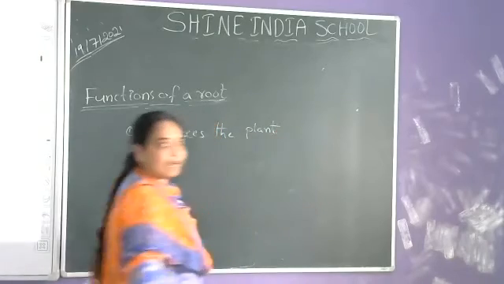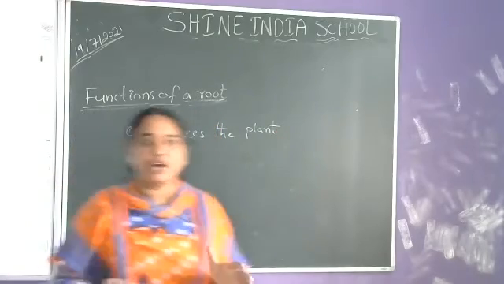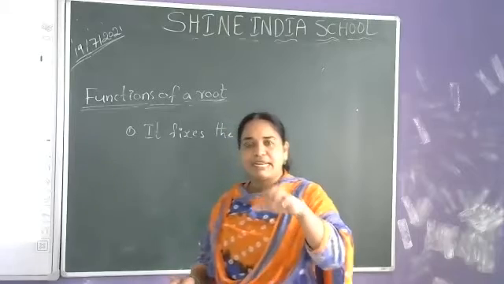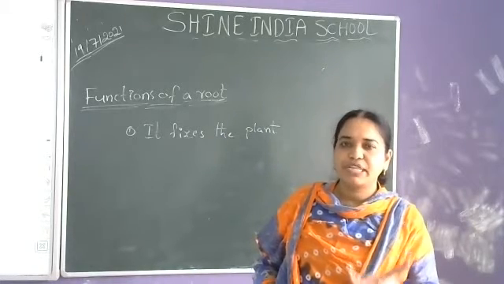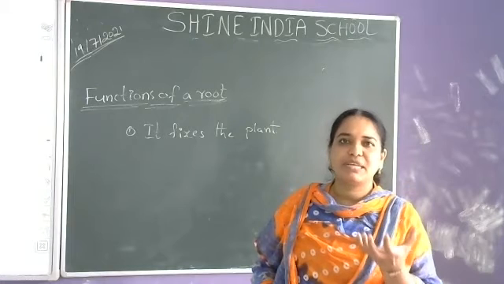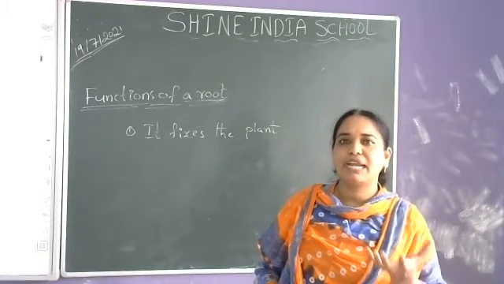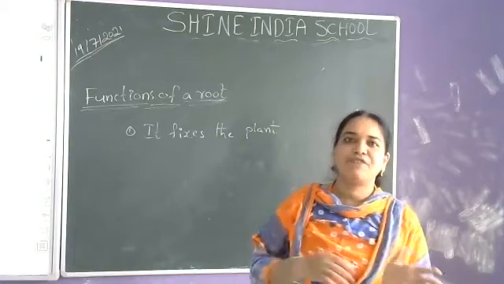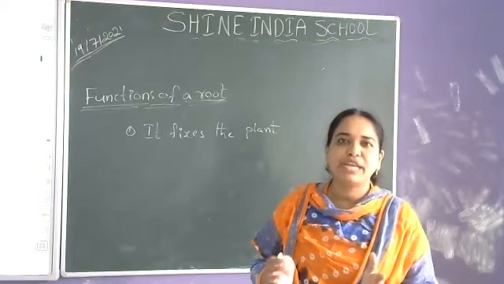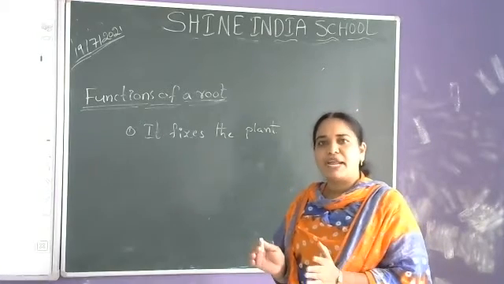It fixes the plant. The roots penetrate deep into the soil, and after the penetration, it fixes the plant. It holds the plant firmly. So if a wind blows or a flood comes, there is no damage to the plant.